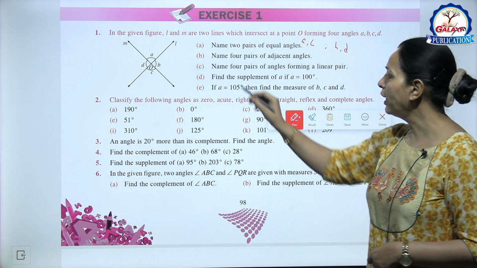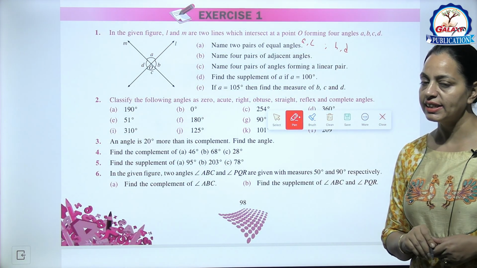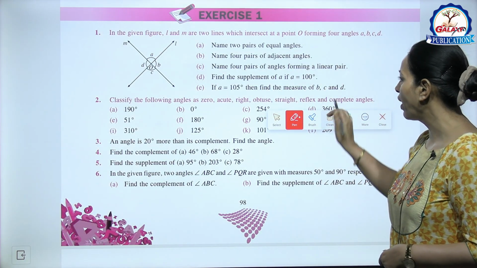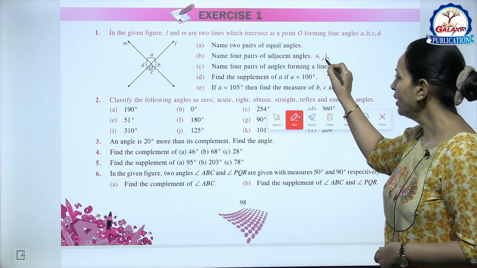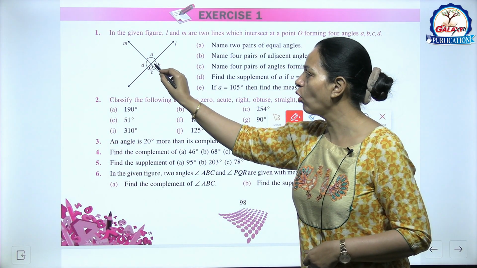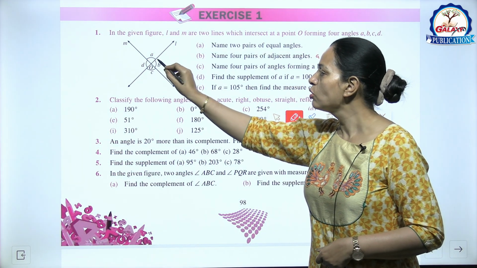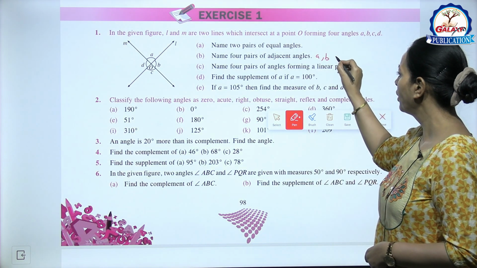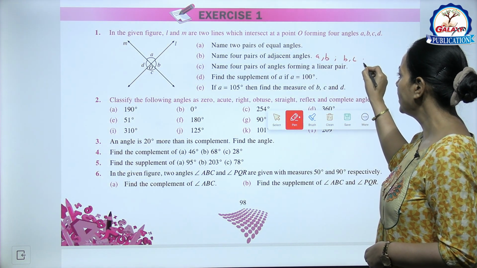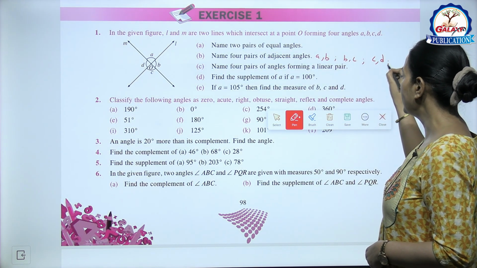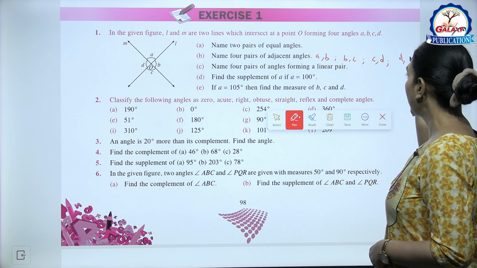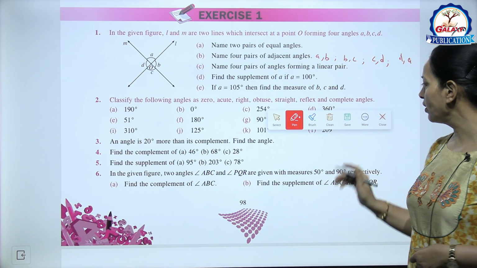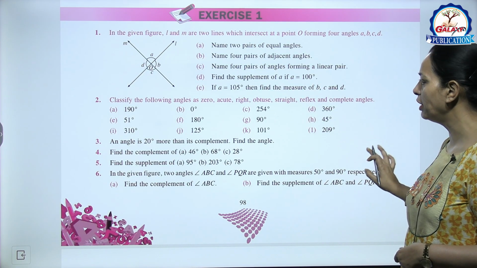Now, B part, name 4 pairs of adjacent angles. So, you can write AB, which are side by side, common vertex, common arm. So A and B, B and C, C and D, and D and A. Okay, 4 pairs. So similarly, you can try remaining parts.